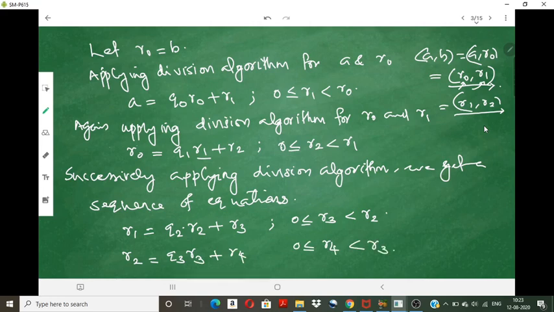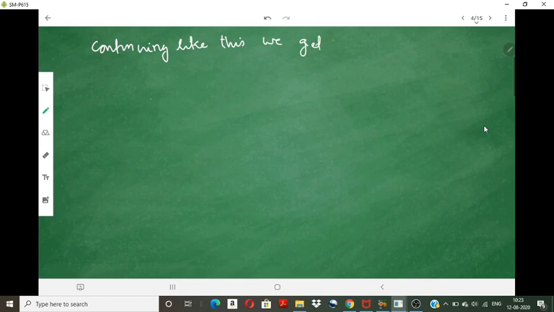Okay, so continuing like this, we get a sequence of remainders. As the first remainder, let that be R naught itself.